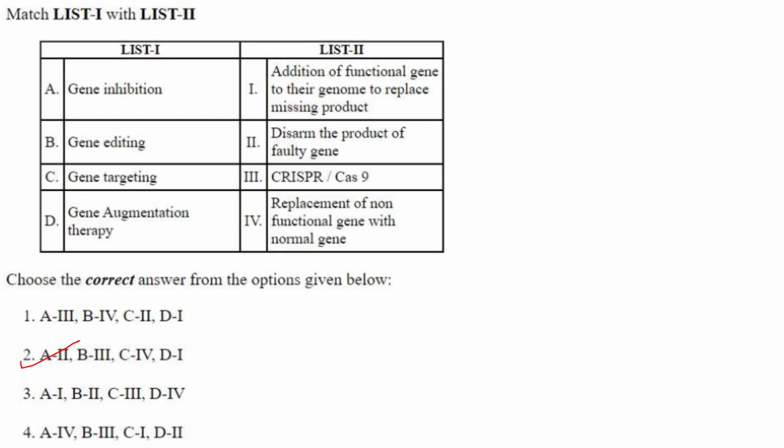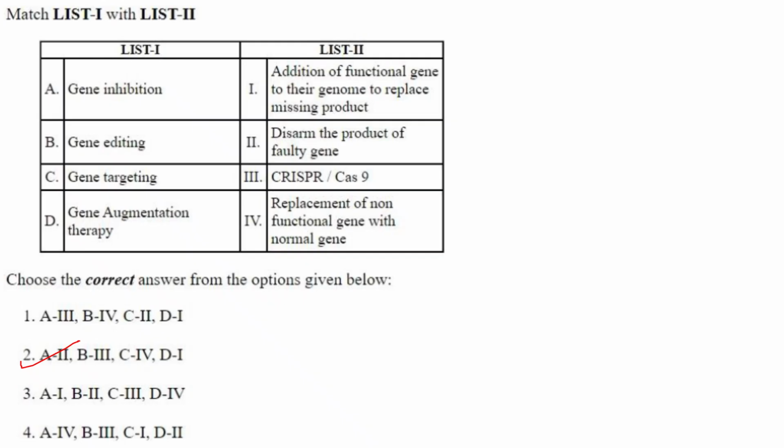Then gene editing is by CRISPR-Cas technology, because it is very precise and it will edit your gene according to whatever you want. So B will be 3. And gene targeting: here you target one gene, because it is non-functional, and you replace it with a functional gene.